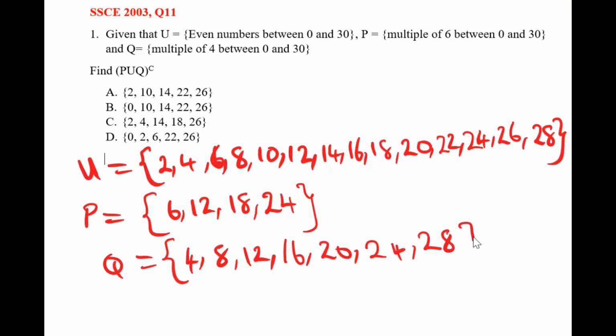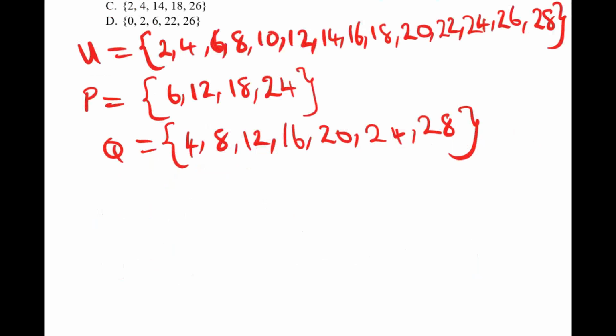And so the question asks us to find (P union Q) complement. Before we find (P union Q) complement, let's find P union Q. P union Q will be 4, 6.